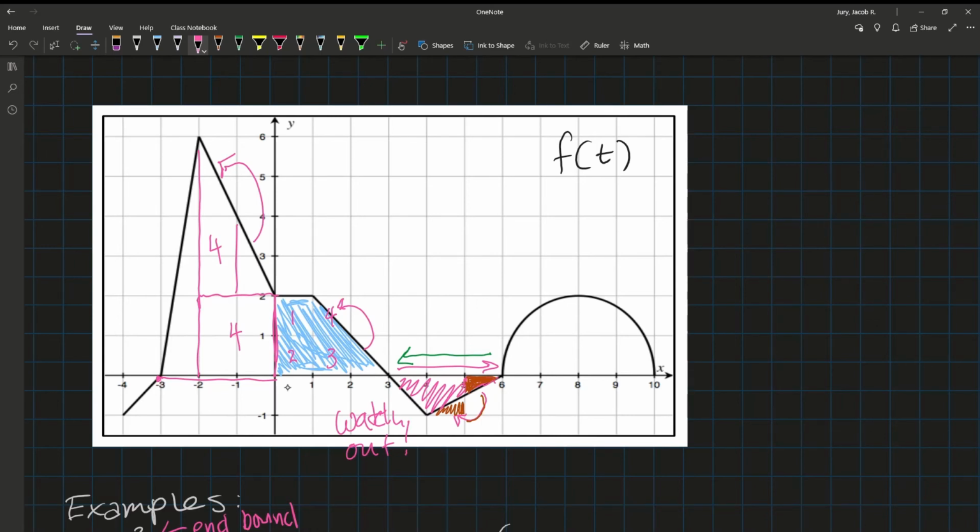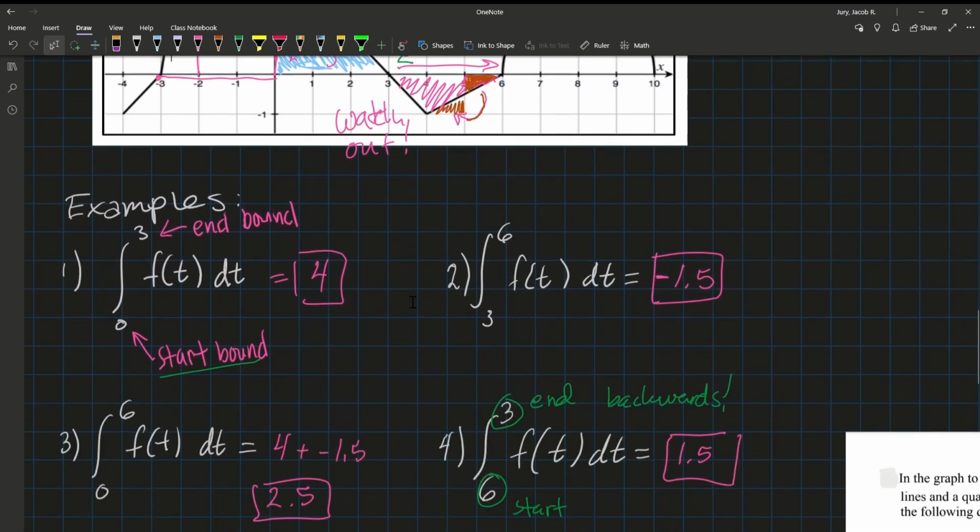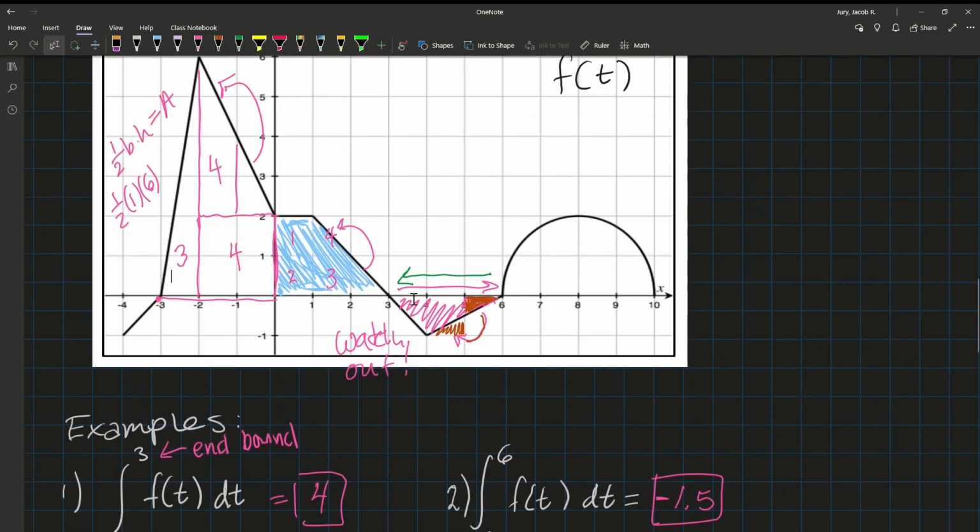I've got 1/2 base times height locked away. I know that's the area of a triangle. So I'll take my 1/2 times, let's see, 1 unit is my base and 6 is my height. I'll have 3 units in total. So altogether, I'll have 11 units.